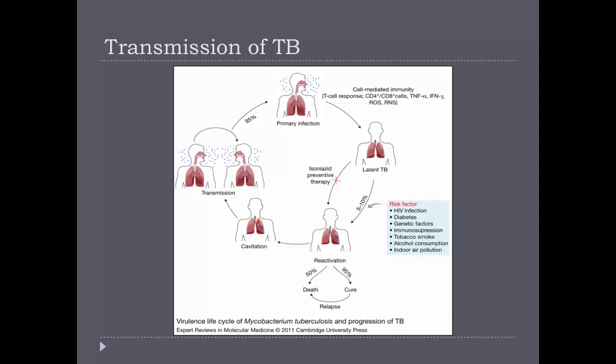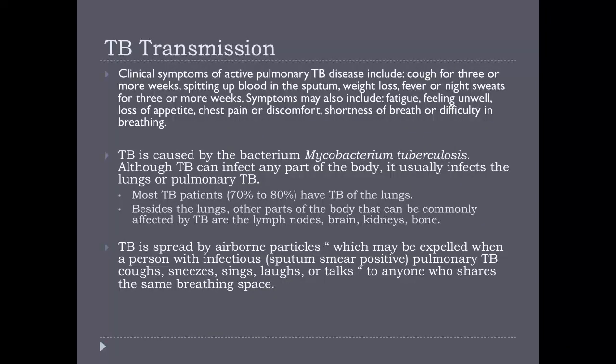And so that's effectively the life cycle of the bacteria. The symptoms of active TB include cough, which can last 3 to 4 weeks, even sometimes more, and spitting up blood is the major visual characteristic of it.